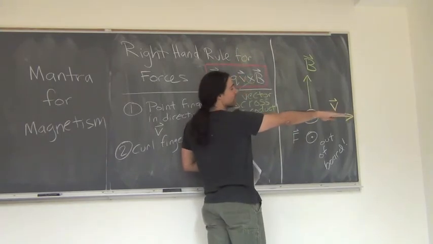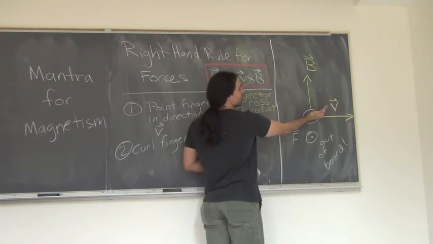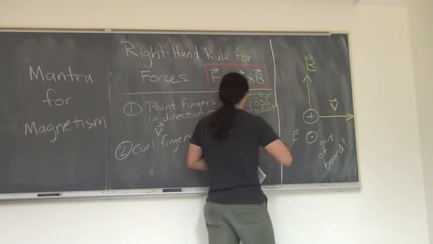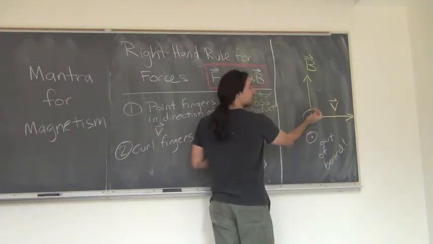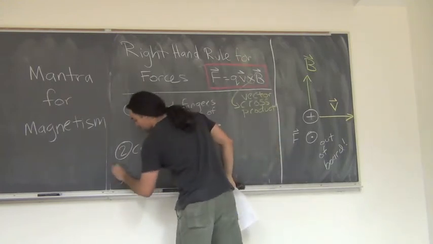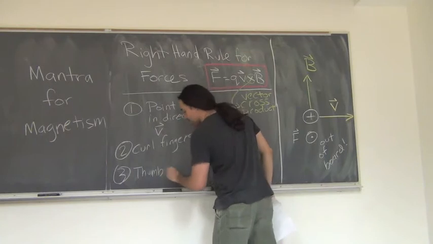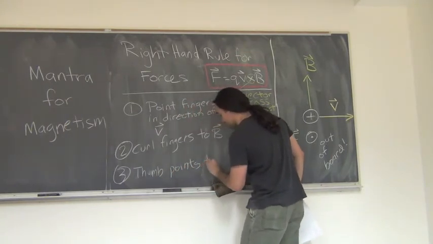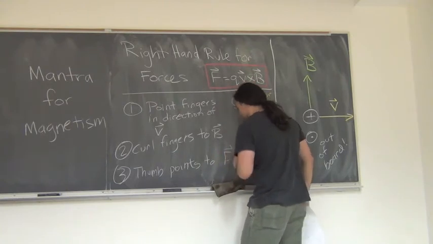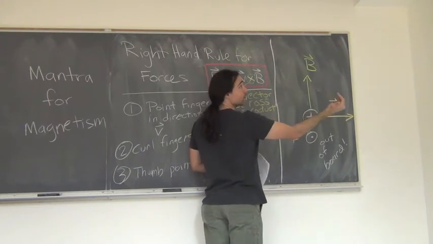Point fingers in the direction of V, got to curl them to B. I can't do that this way, I've got to hold them like this. And my fingers can curl from V and point up to B. And curl my fingers to B. When I do that, your thumb points in the direction of F. V to B, thumb points in the direction of F.